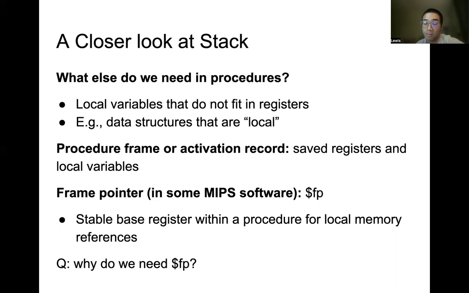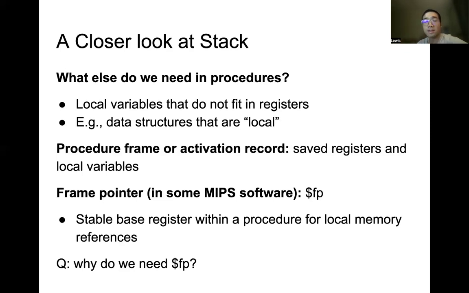And some of the MIPS design actually introduce another thing called frame pointer, FP. More formally, it's a stable base register that's used in the scope of a procedure for local memory referencing. In other words, within the procedure, you need to find some local data. This FP will make it easier for you to find the data.